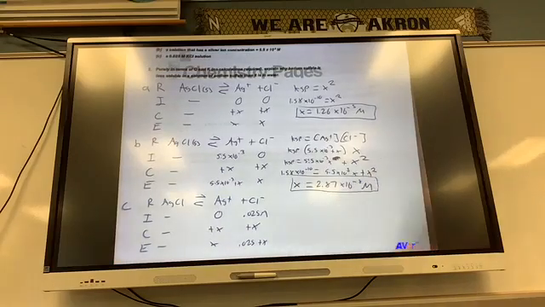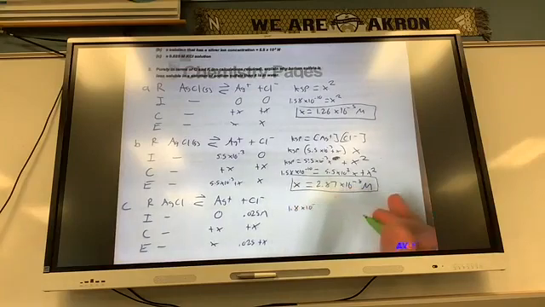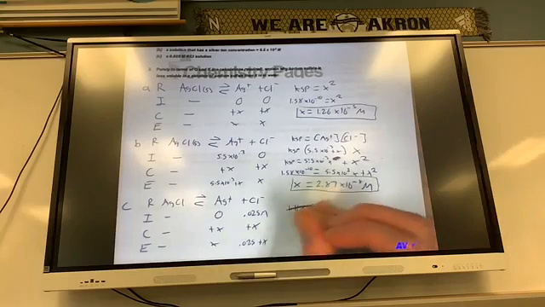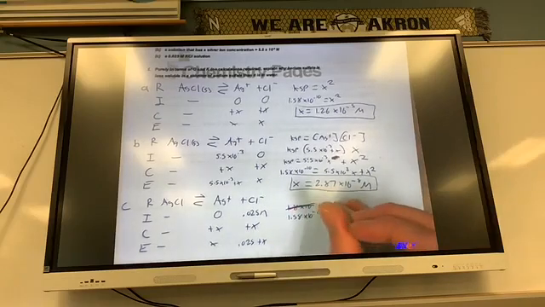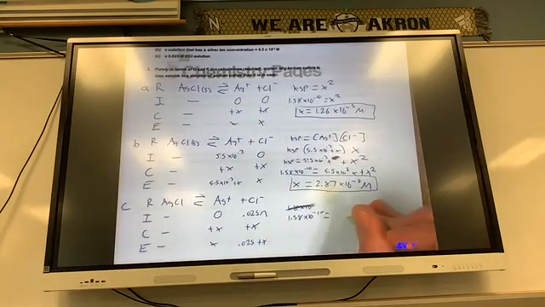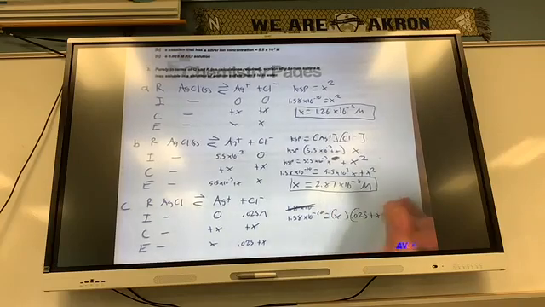So we know that 1.8 times 10 to the negative... wait a second, why do I have 1.8? 1.58 times 10 to the negative 10th is going to equal x times 0.025 plus x.